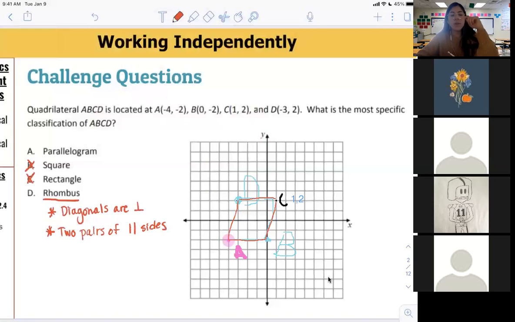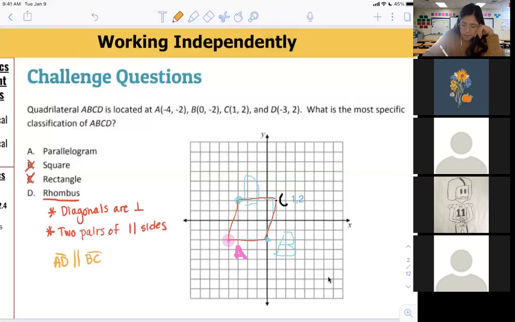Okay, so let us begin with the parallel sides. So for example, I can check to make sure, check and see whether AD is parallel to BC. If they're parallel, what has to be the same? Their slopes.